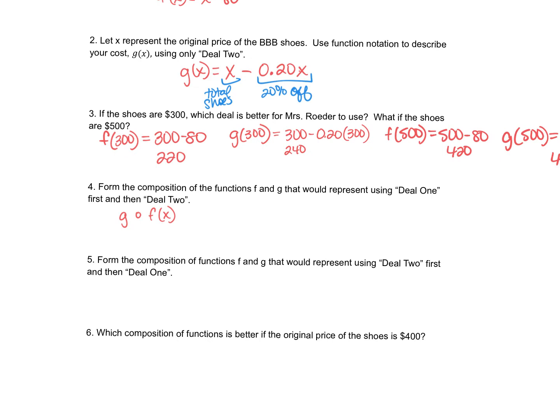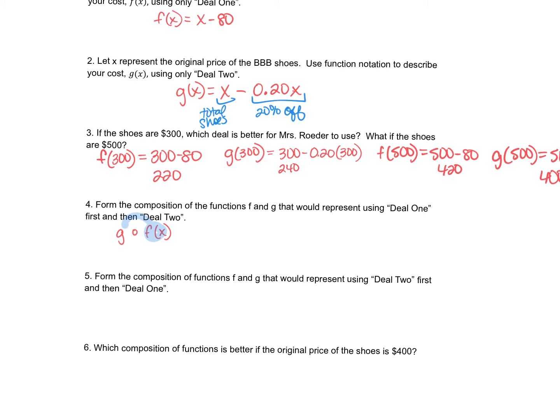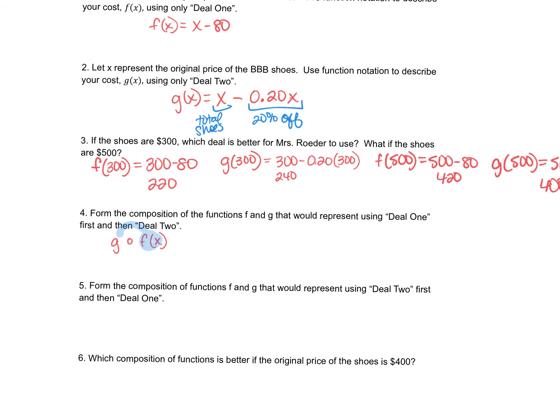All right, they want us to actually do this. This means that you are plugging the F into the G. Since G of X is X minus 0.20 times X, it'd be X minus 80, that's your X. You can put parentheses around it, you don't really need to, minus 0.20 times, and then you put the F of X in there, X minus 80.